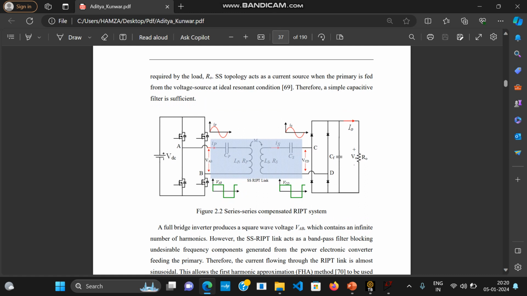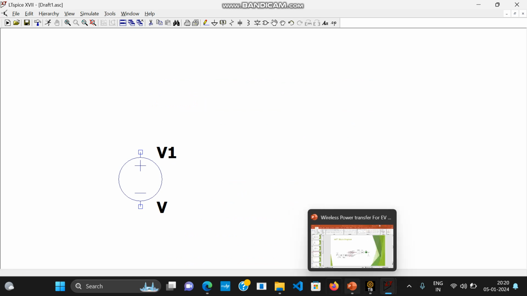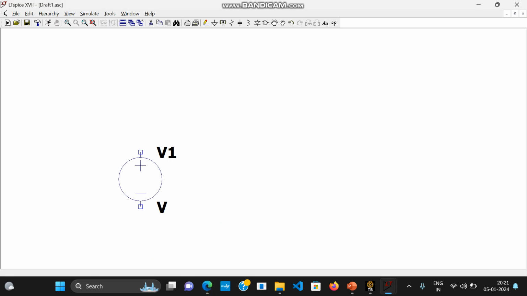Let's draw this. First we will add the voltage source. Then the capacitor, which is in series. Take the capacitor, and in order to rotate it, press Control R. This is how you can rotate a component in LTspice.